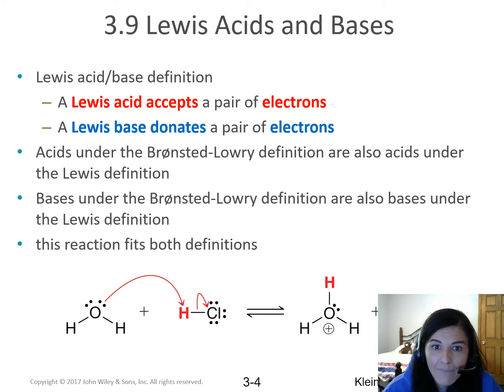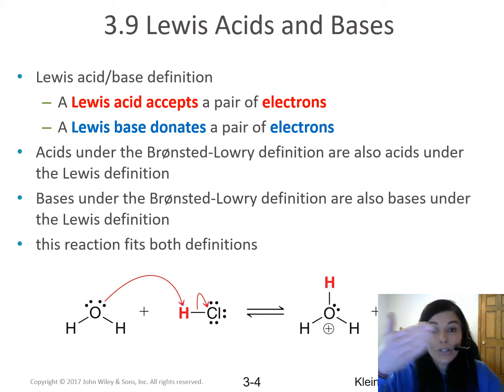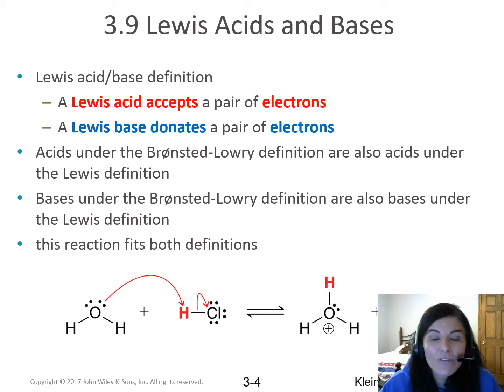Acids under the Brønsted-Lowry definition are also acids under the Lewis acid definition, and bases under the Brønsted-Lowry definition are also bases under the Lewis base definition. This fits reactions under both definitions.